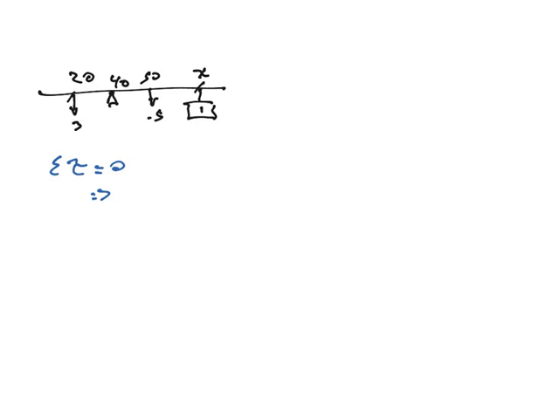I have 20 times 3 times 9.8 positive minus 10 times 0.5 times 9.8, and then I have the x. What's the distance? Remember, the distance is from the point of rotation to the force itself.